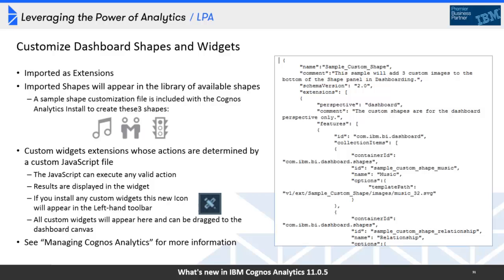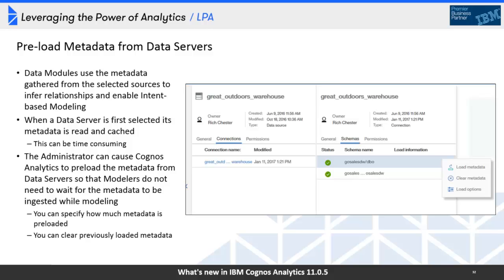The Managing Cognos Analytics manual has the information about all of the sample extensions and customizations, as well as a sample of a custom widget that uses JavaScript. So rather than get into any of that here, I'll direct you to the Managing Cognos Analytics document that you can download from the IBM site.